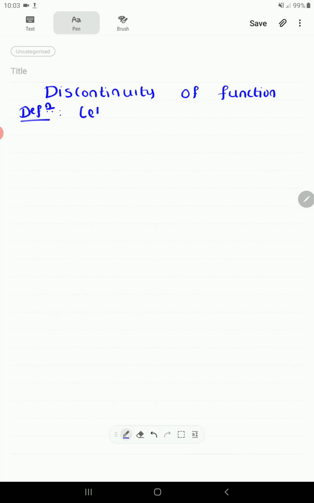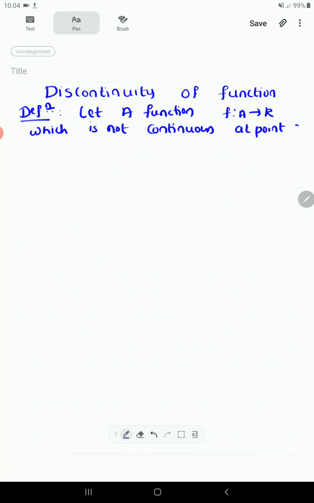First, let a function f from A to R, or if you consider any function f which is not continuous, maybe at a point, then we'll take it as at a point a, is said to be discontinuous at the point a.